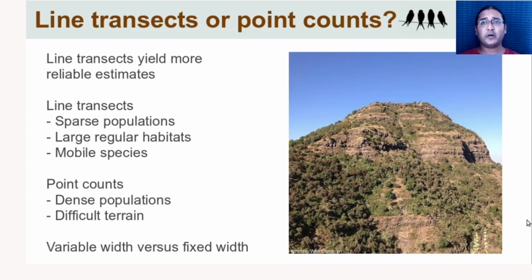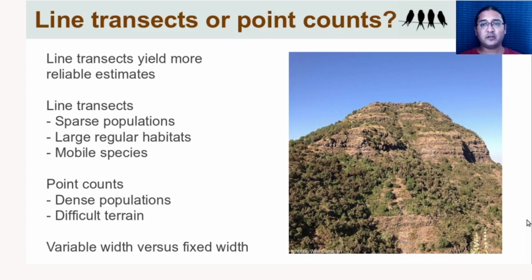So why use point counts at all? The line transects generally yield more reliable estimates of bird density in the habitats, but often it's not possible in many habitats to lay a long 500-meter or 1 kilometer line, especially in habitats like mountains, right? In mountains, the terrain is difficult, and it's not possible to have a 500-meter or 1 kilometer straight line in this habitat.